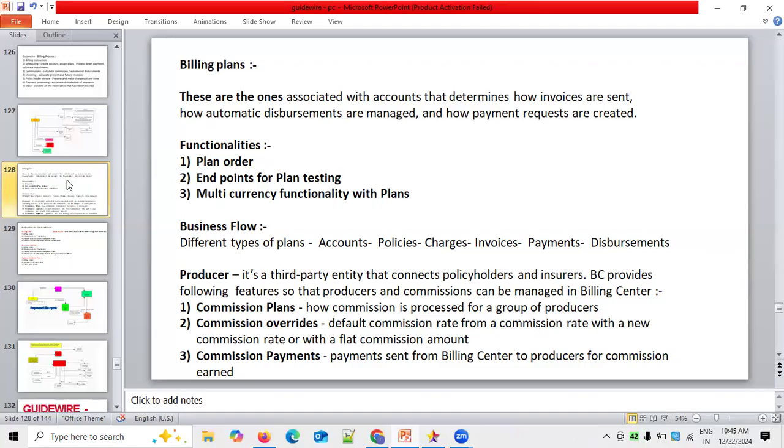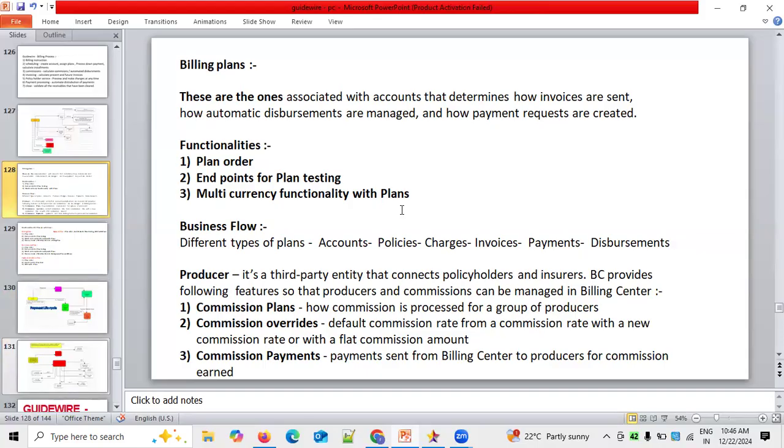So different jargons and terminologies you need to know. As far as the producer itself is concerned, a producer is a third party entity which majorly connects the policy holders and the insurers. Policy holder is nothing but the customer, right? So it connects the policy holders with insurance. This is where generally producers come into the picture.